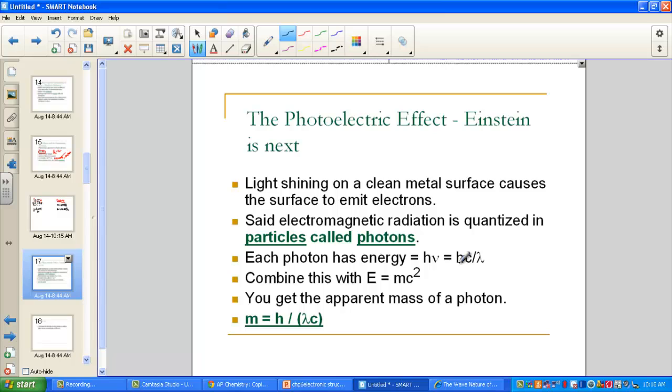So we had to reach this minimum threshold for the photoelectric effect to work, the ejection of electrons to complete a circuit. When you walk into the doors at Myers and they open automatically, you're completing a circuit when you break that light. Photoelectric effect, for example.